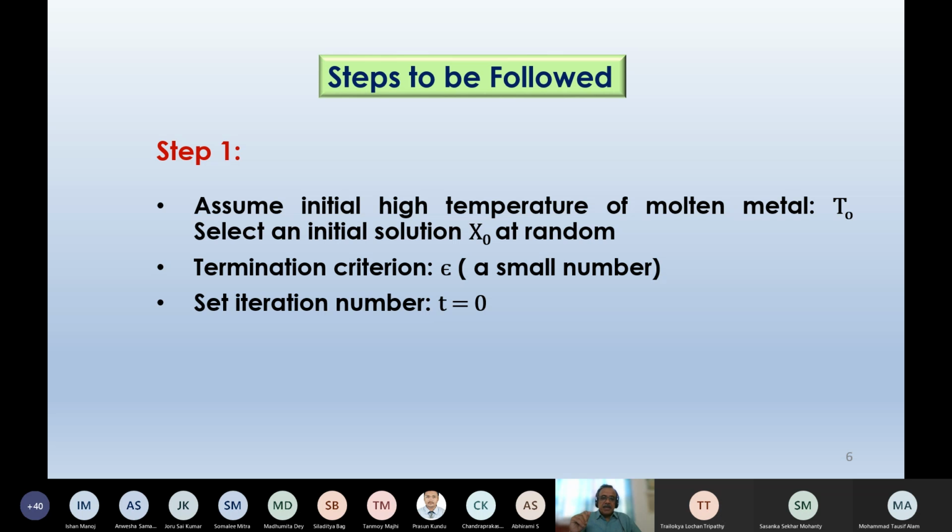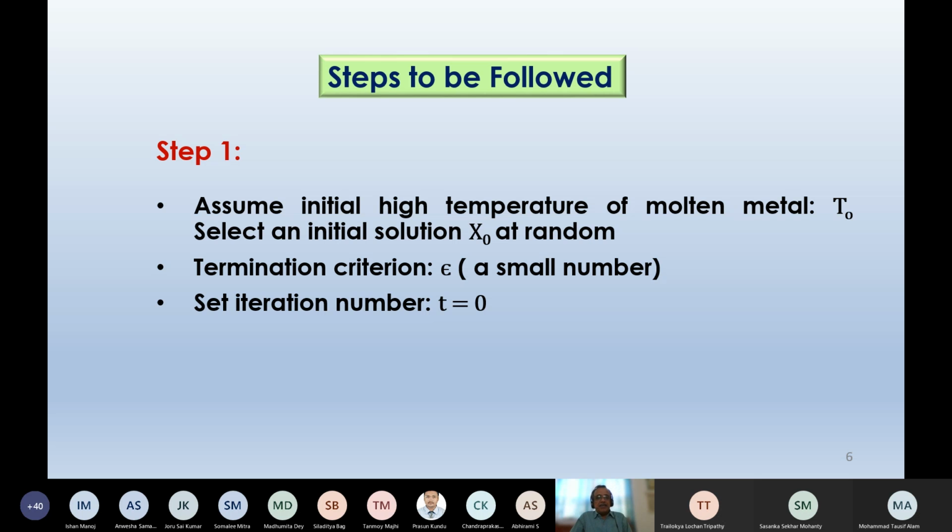Now, this difference in energy has to be less than or equal to this epsilon, that small value. Then only we declare that the algorithm has reached that level, and it is able to indicate the optimized solution. Okay. I'll be discussing this in much more detail after some time.